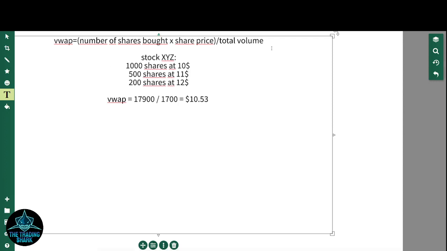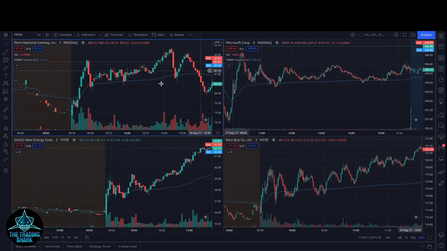So here I've prepared four stocks that we can definitely show here. So here it's the VWAP, that's the blue line, and here are the parameters, the settings. In fact, I gave you a very simple and quick definition, but in reality, for calculating VWAP, there are more steps.